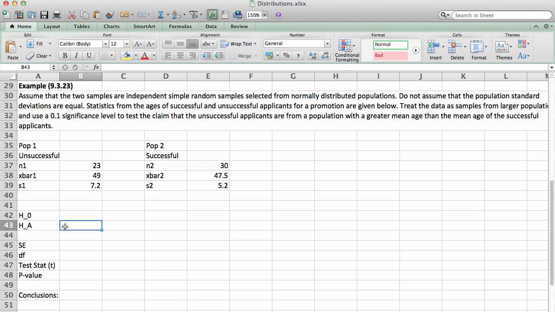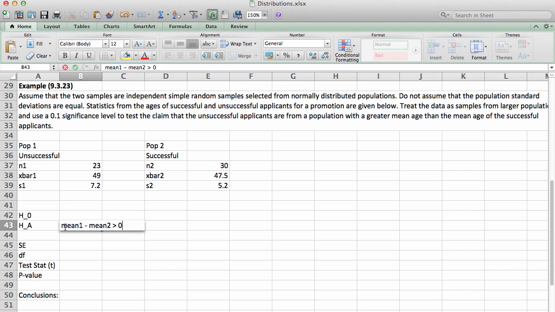We're testing the claim that the unsuccessful population has a larger mean than the successful population. So my alternate hypothesis is going to look something like mean 1 minus mean 2 is greater than 0. Another way to think about that is population 1 is unsuccessful, population 2 is the successful.